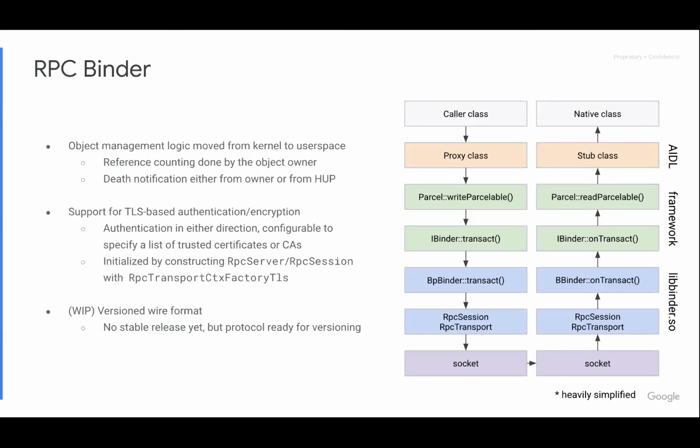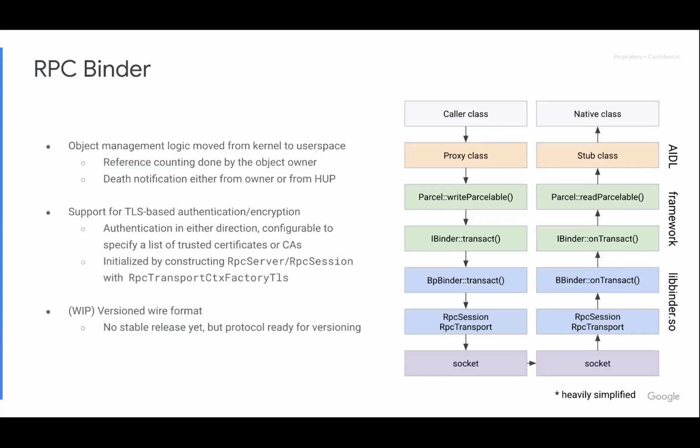You could have just the server authenticating to the client, or just the client authenticating to the server, or in both directions. And this is completely configurable either by specifying a list of trusted certificates or specifying a list of roots of trust. This is initialized by constructing either your RPC server or your RPC session with a different kind of RPC transport context factory, this one having the suffix TLS.